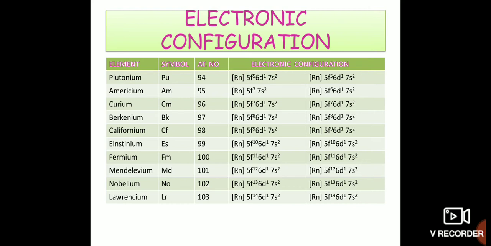Here also, for extra stability of half-filled orbitals, americium has 5f7 and 7s2, no d orbital here. Next is curium 5f7, berkelium 5f8, californium 5f9, einsteinium 5f10, fermium 5f11, mendelevium 5f12, nobelium 5f13, lawrencium 5f14 6d1 7s2. So this is according to Seaborg.